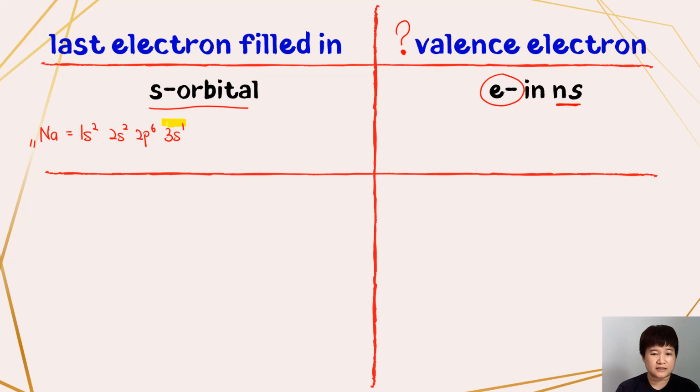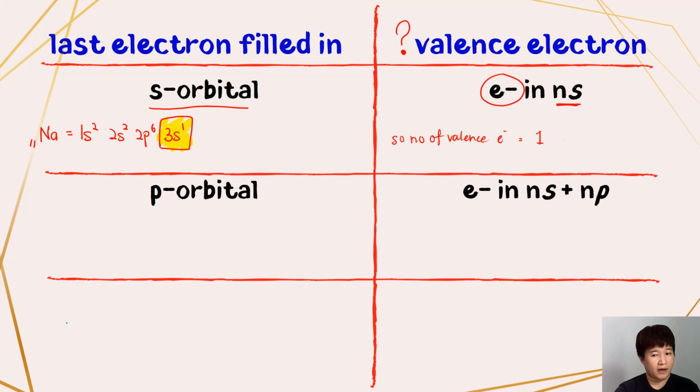My last electron goes into the s orbital. Therefore, the valence electrons of sodium will be the electrons in this s orbital. So, the number of valence electrons will be 1. Next, if the last electron that you fill in is in the p orbital, what would be the valence electrons?